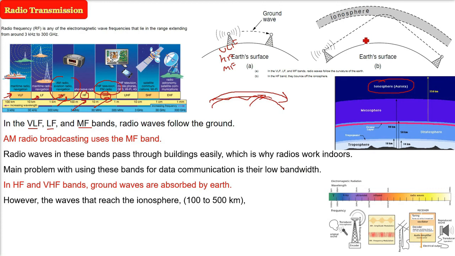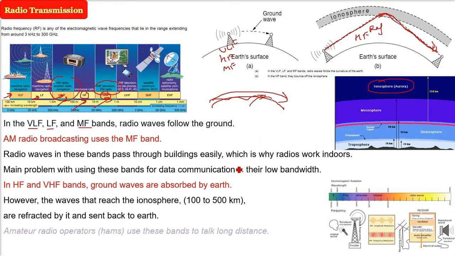I am talking about the HF band and VHF band. There is refraction and other physical activities taking place, and the waves are sent back to earth by the ionosphere, because the ionosphere is all about free ions. So this refraction is how we can communicate.